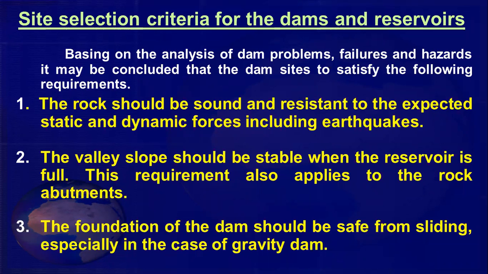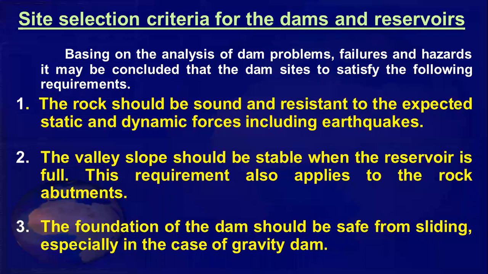Now, what is the valley slope? Normally, you construct the dam selecting a valley site. If you get a natural valley site, then the water will get automatically stored, or automatically it will acquire the reservoir shape.